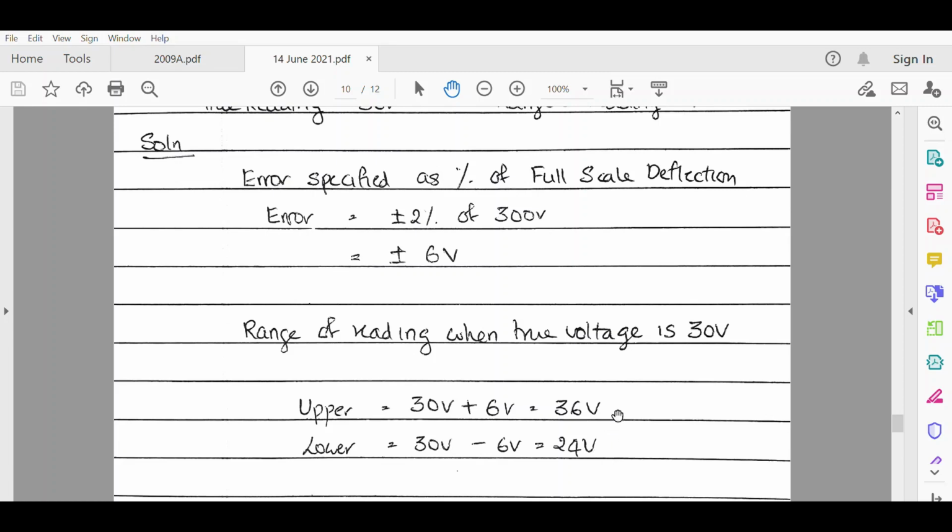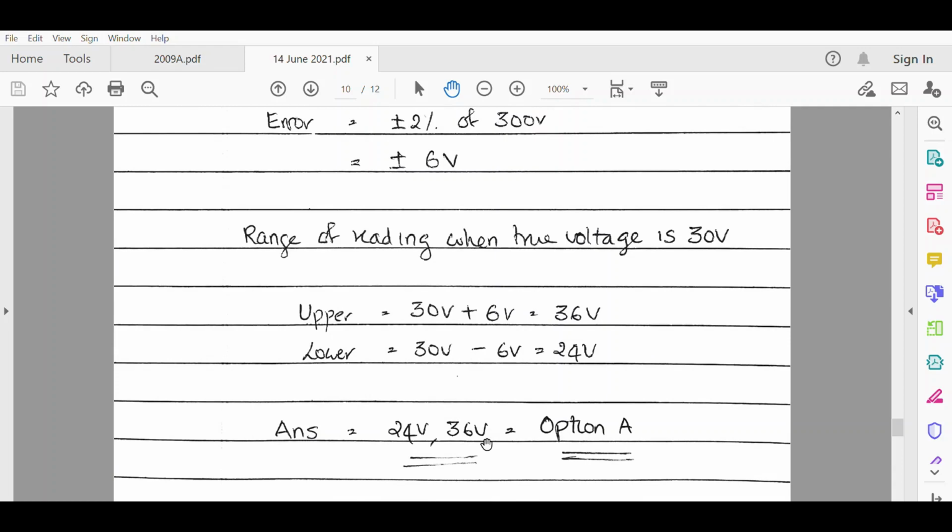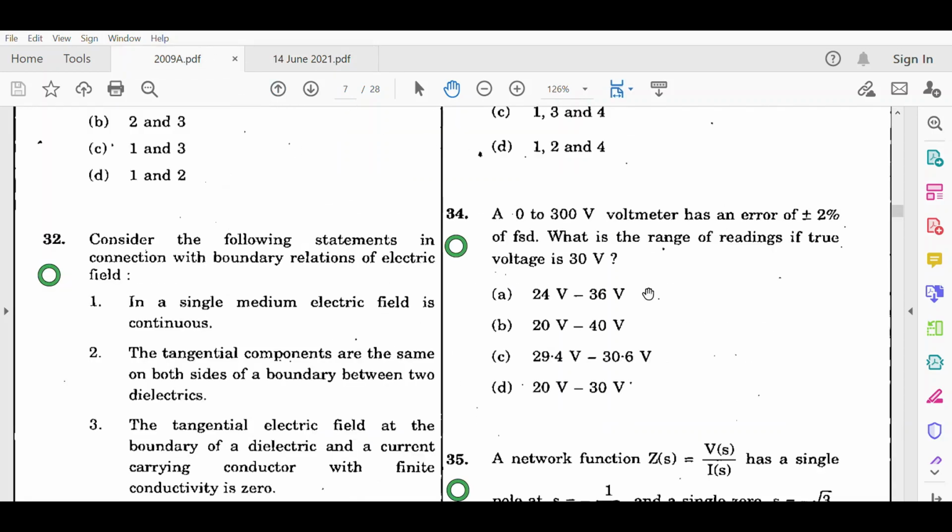So the reading of the instrument can be anywhere between 24 volts and 36 volts when the true voltage is 30 volts. So 24 volts and 36 volts is the correct option, which is option A.